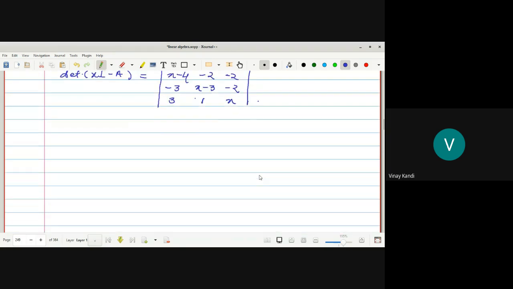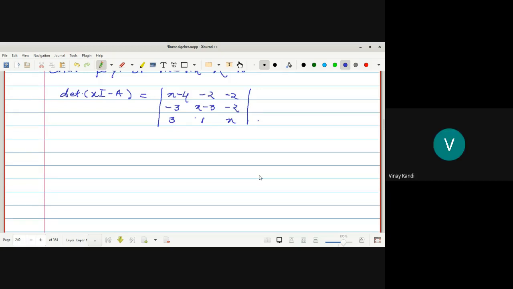Now tell me what are the eigenvalues, the characteristic values. Let us do the calculation. This is minus 3 into x minus 3. Is it correct, this step?